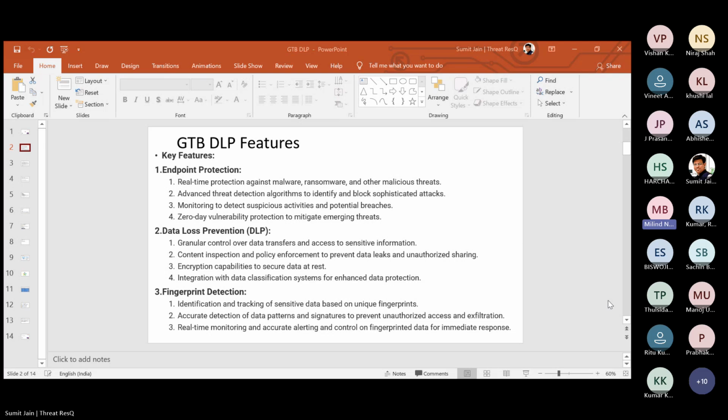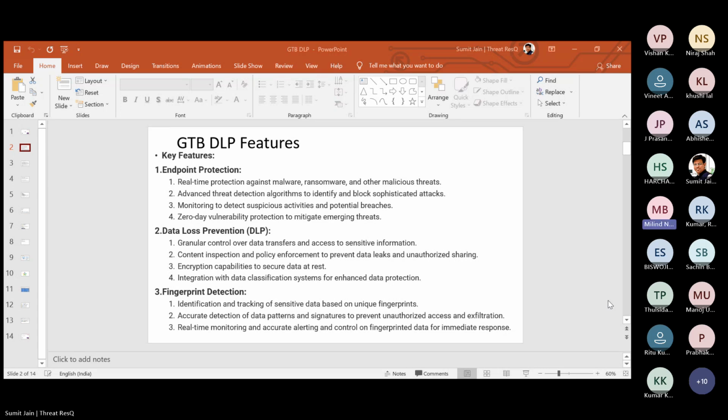mainly there are 3 points which we can say are a USP, that is the uniqueness in GTB DLP. So the first point is that they have almost 50% of their staff in research and development, and they have around 540 plus patents for algorithm technology which they have uniquely built, which have their own patent in their name, what is called fingerprinting.